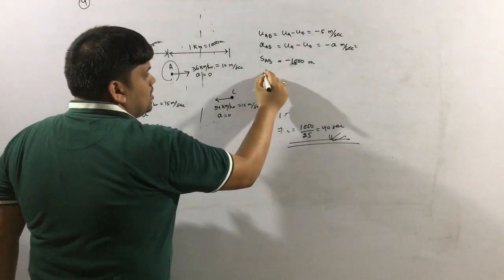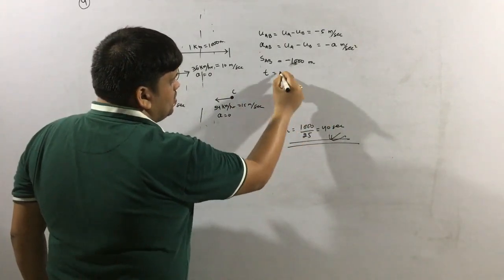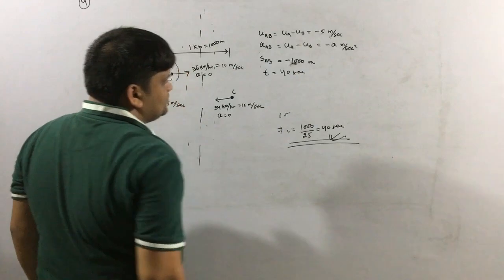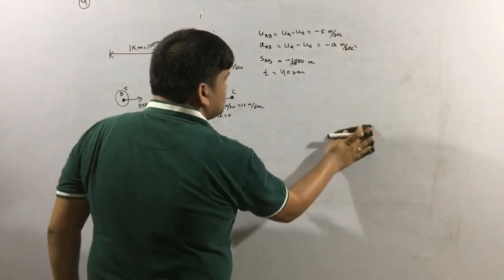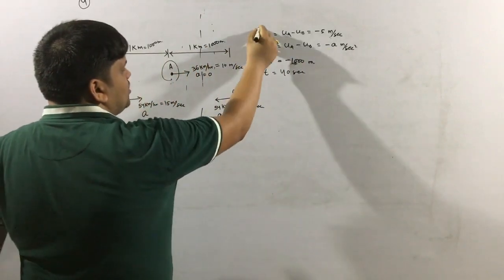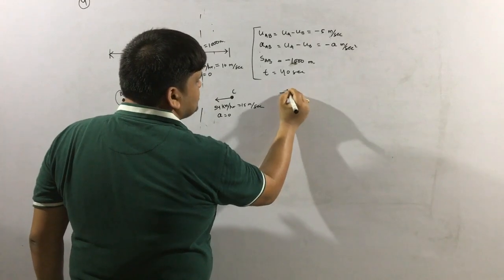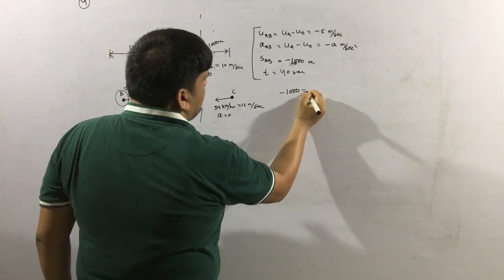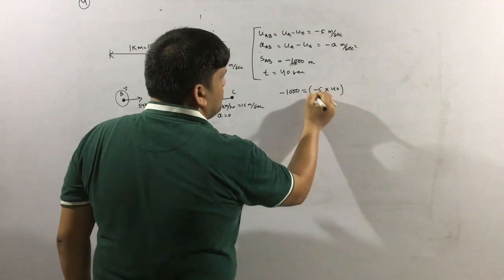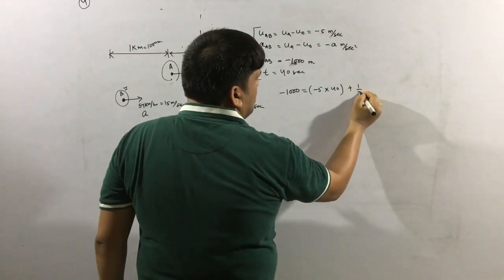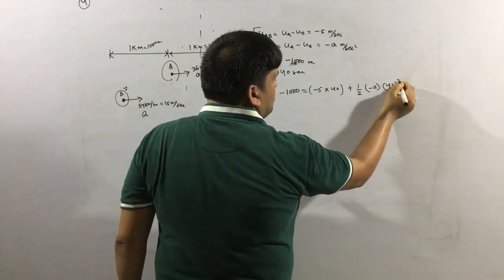And what is the time? Obviously B has to cross A at a time of 40 seconds, at least 40 seconds. So now just find the value of A. Again write the equation using these 4 in relative motion, you will get the answer. Again, S equal to U into T plus half A T square.